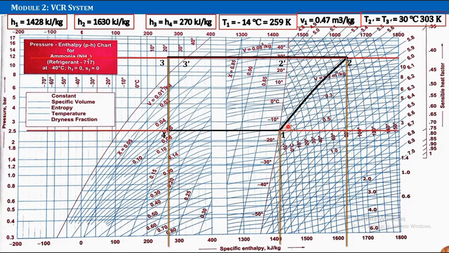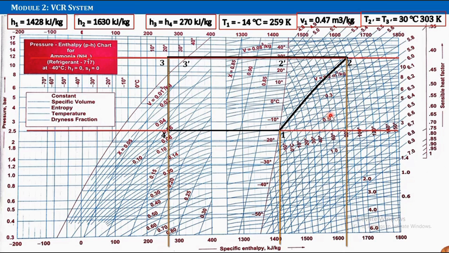Along with this, we have to find the specific volume of point 1, that is the specific volume of refrigerant at the entry to the compressor. So how to find that? If you see here, this line is a specific volume line. This one is also, this one and this one. So these lines are specific volume lines. This line is 0.5.